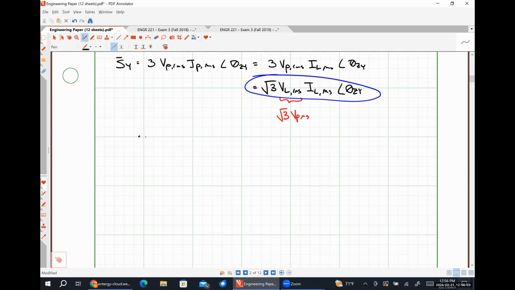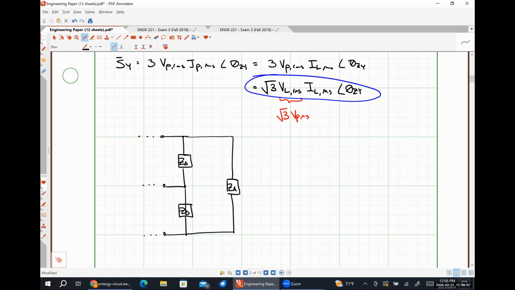So let's say that I have a delta connected impedance. Doesn't matter how my source is connected. Doesn't matter whether or not my transmission line has any impedance. So that's why I'm just representing that by the ellipses on the left-hand side.